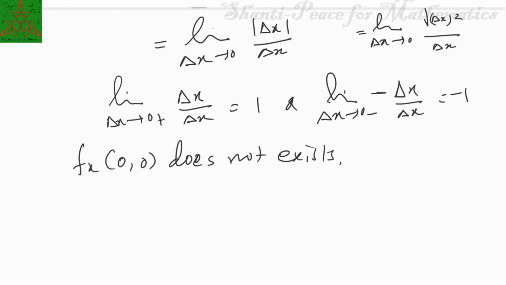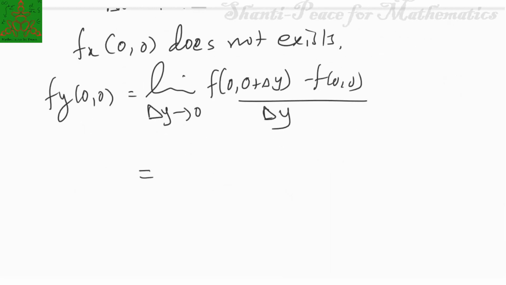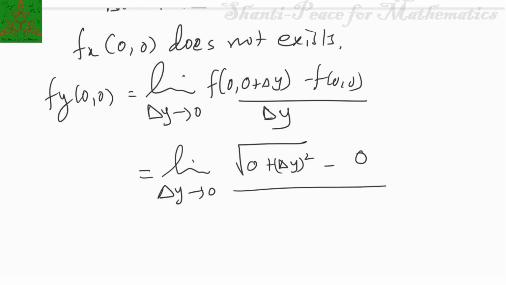In a similar manner, what is fy at 0, 0? As per the definition, that is the limit of f of 0 comma 0 plus delta y minus f of 0, 0 upon delta y as delta y tends to 0. Now you can calculate the limit as delta y tends to 0 of the square root of 0 plus delta y squared minus 0 upon delta y.